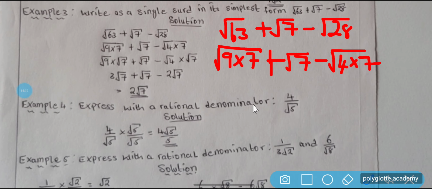So we are going to continue. We'll take root 9 times root 7.